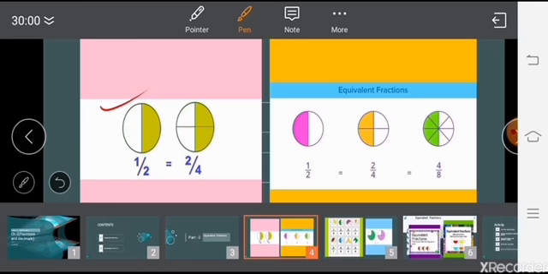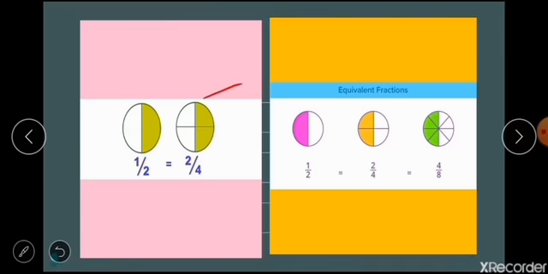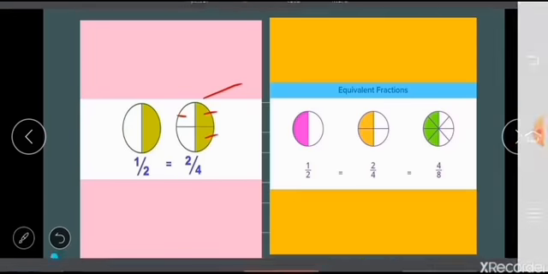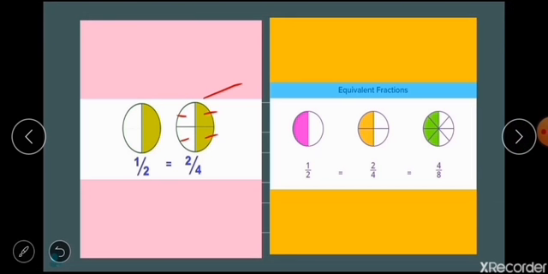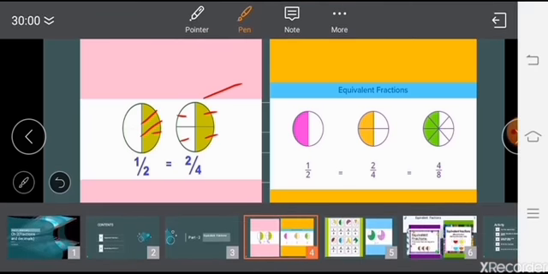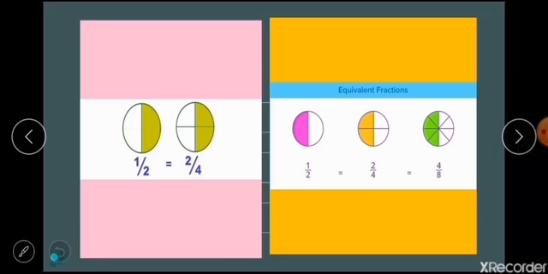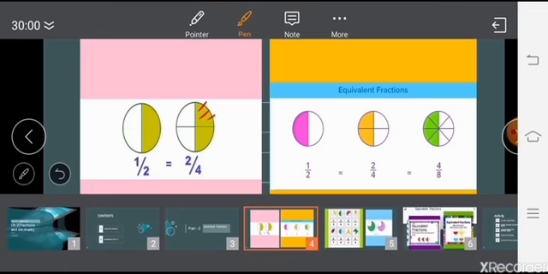And then in the second circle, I divide this circle into 4 equal parts, 1, 2, 3 and 4. So, what are the similarities between these two pictures? I shaded this portion of the first picture and I shaded two parts of this picture.